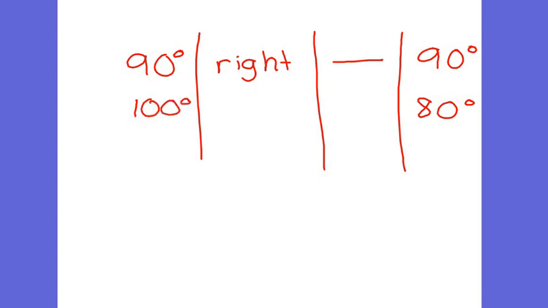Well, 100 would be what kind of angle? Obtuse. Could 100 have a complementary angle? What plus 100 gives you 90? It doesn't have a complementary. That example is not on your paper. I just made up one. So I had to work backwards.